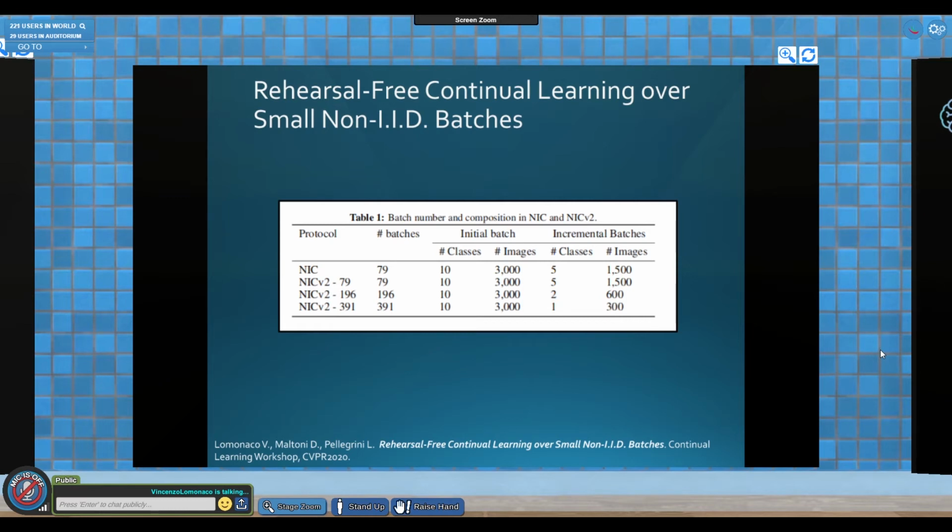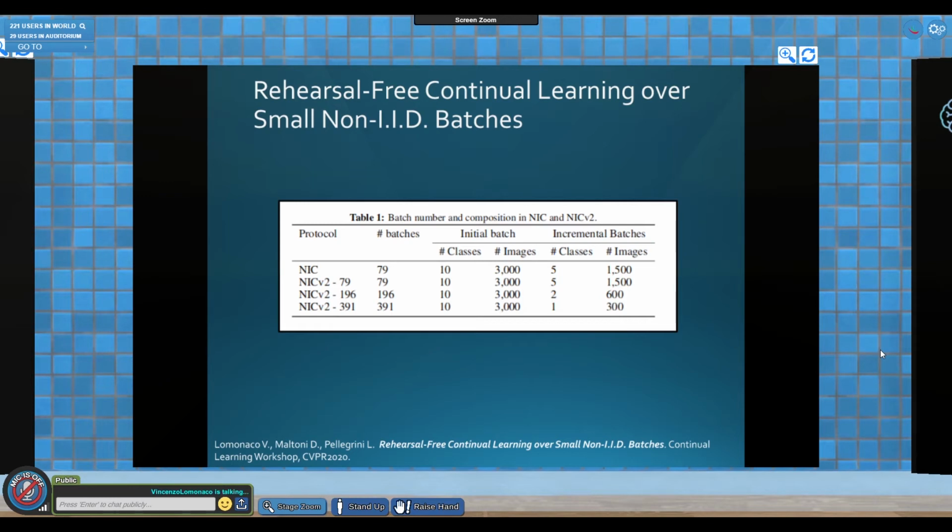I don't know if you can see my mouse, but essentially you have the 69, 196, 300 and 391 protocols that are based on this number of batches. And of course, when we have more batches, the number of images contained in each batch is lower, as well as the number of classes. So these protocols are essentially of incremental complexity, because it's much more complex to have a long sequence of small tasks than a few batches that are very big.